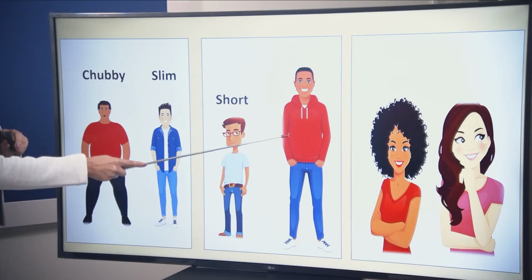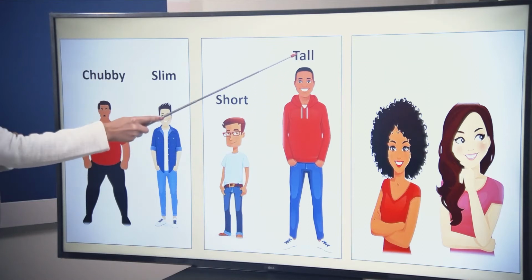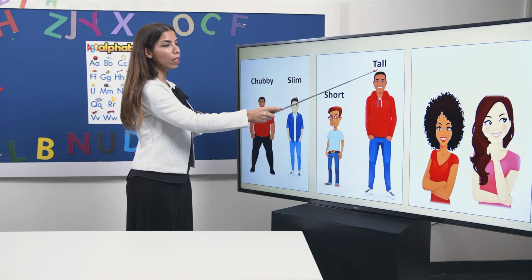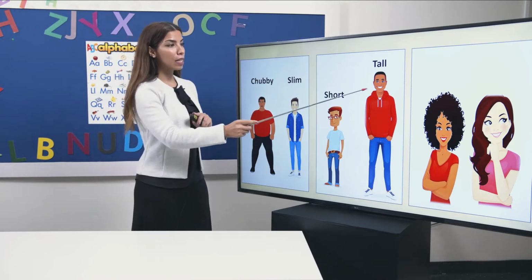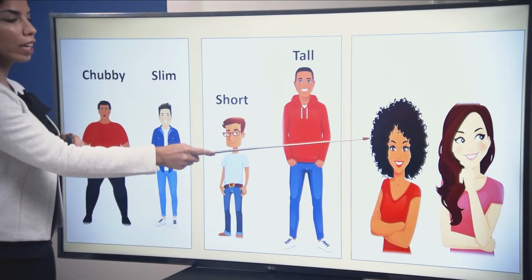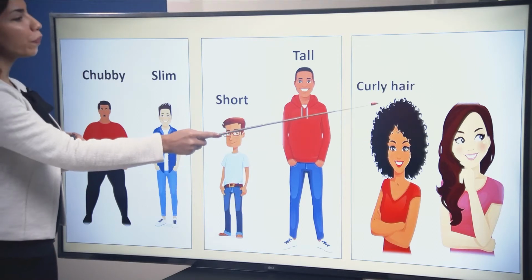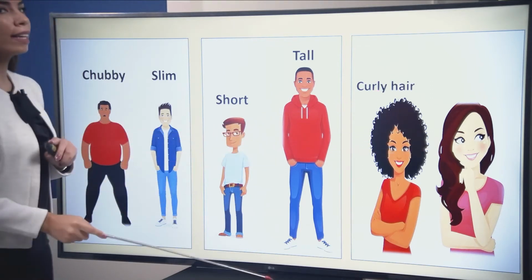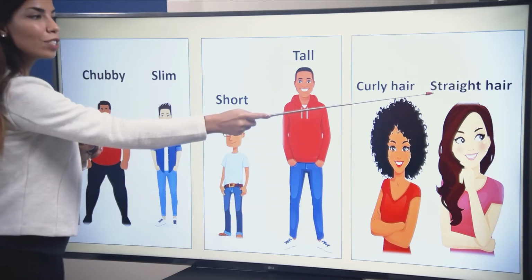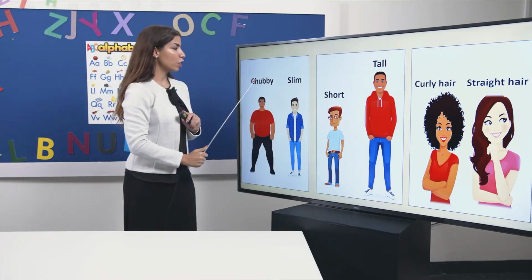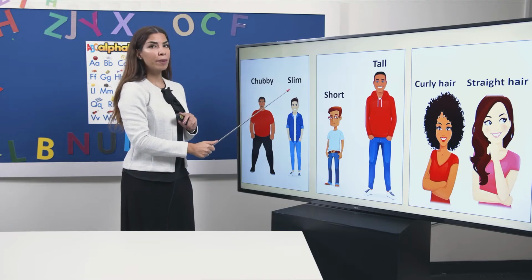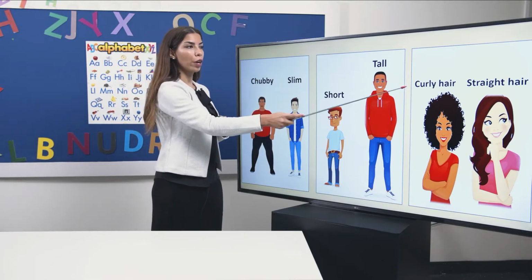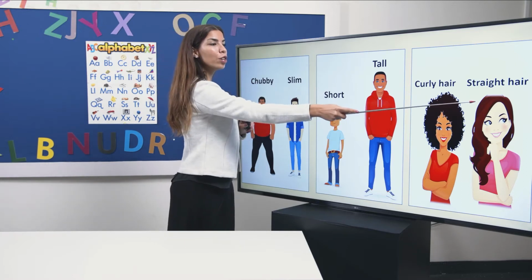How does he look like? Tall. Short, tall. And how does her hair look like? Curly. And how does her hair look like? Straight. Chubby, slim. Short, tall, curly hair, straight hair.